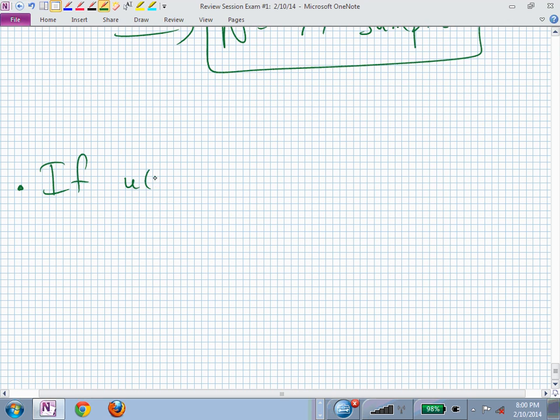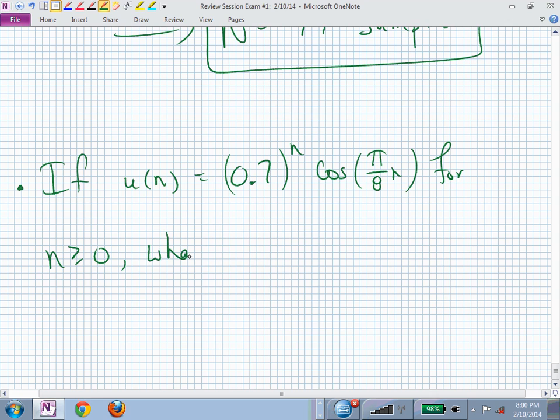If u of n is 0.7 to the n cosine of pi over 8 n for n greater than or equal to 0, what is the structure of y of n?